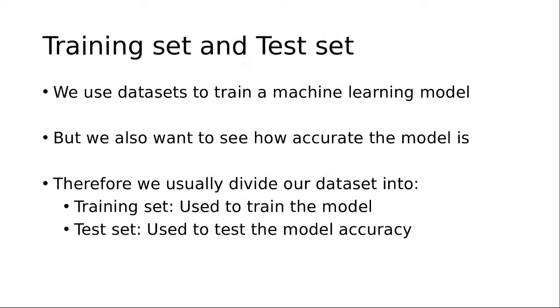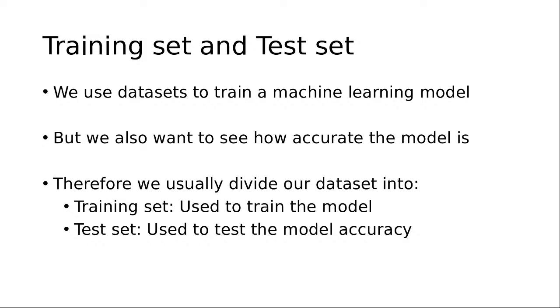So when we talk about data sets, we need to look into what is called a training set and a test set. Given a data set, yes, we use it to train a machine learning model or a machine learning program. That's true.